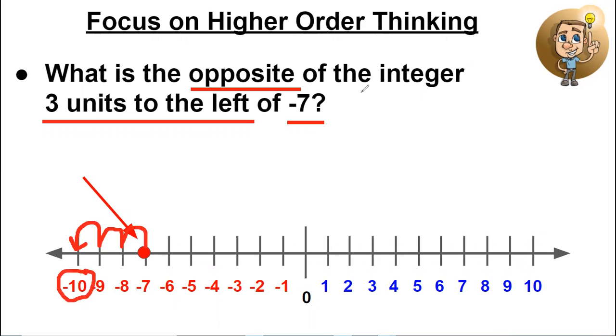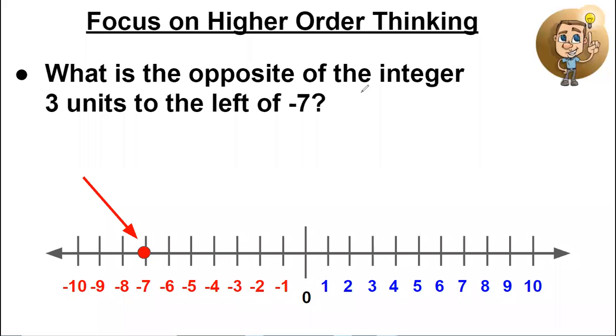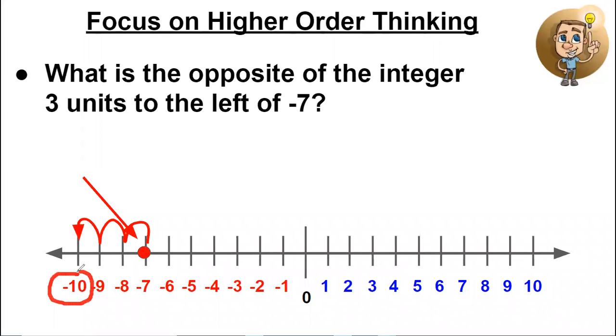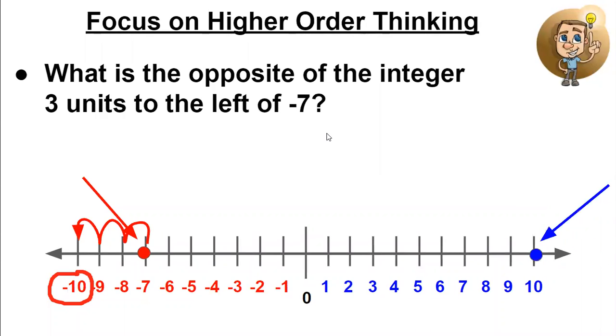Okay, let's clear that. 3 units, we land on -10. Circle my -10 again. And now we have to graph the opposite of the -10. So what's the opposite of -10? +10.